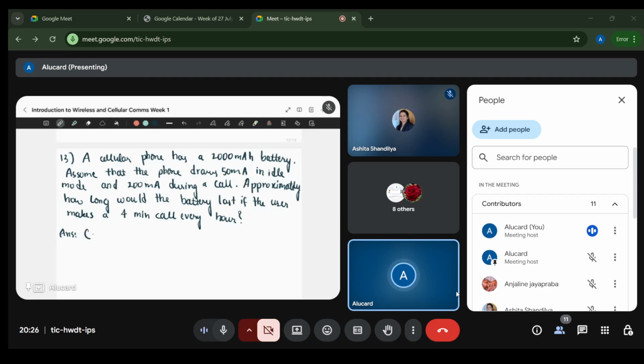So we'll calculate the current used up for 1 hour first.